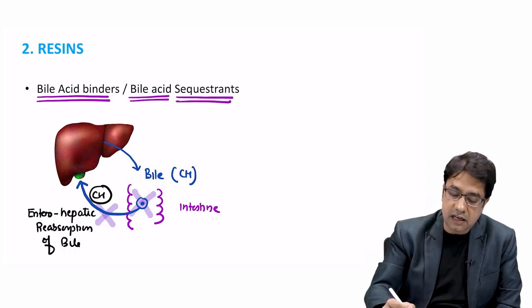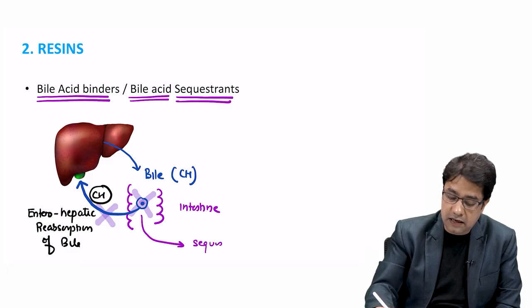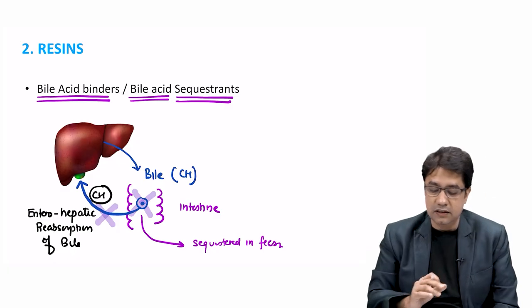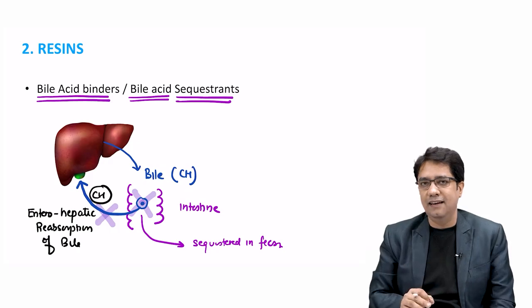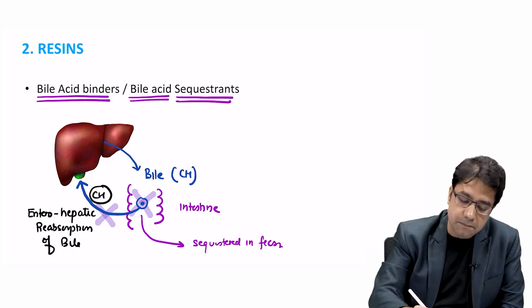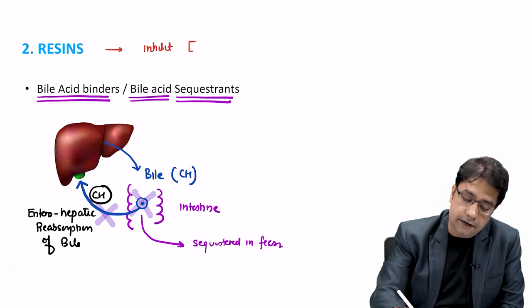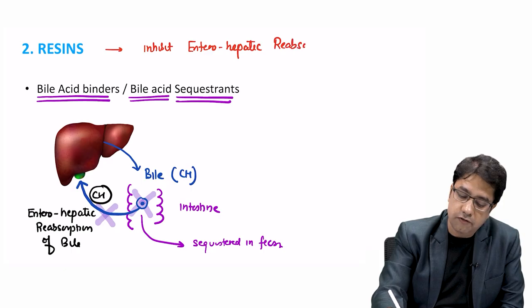This bile will be sequestered in feces, or it will be excreted in feces. So in simple words, can we say that bile acid binders inhibit enterohepatic reabsorption of bile.